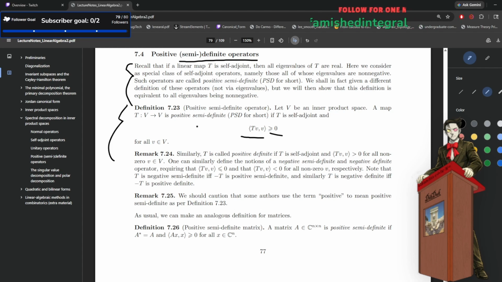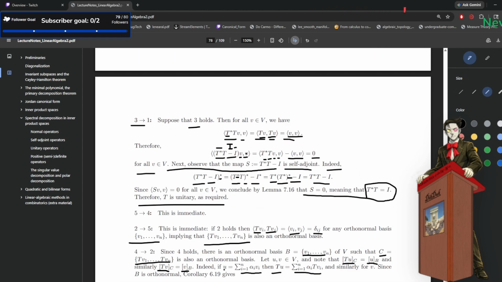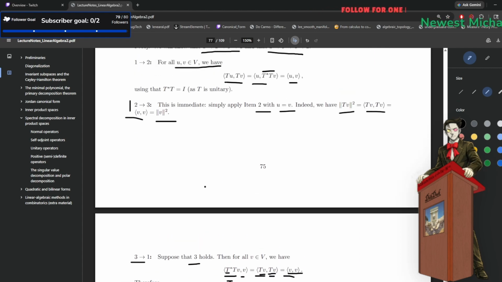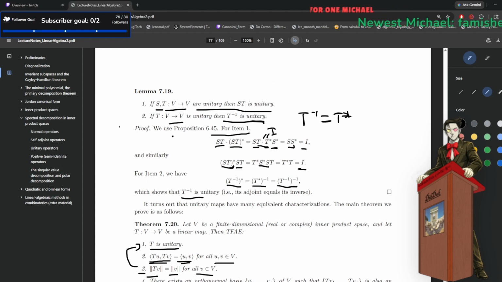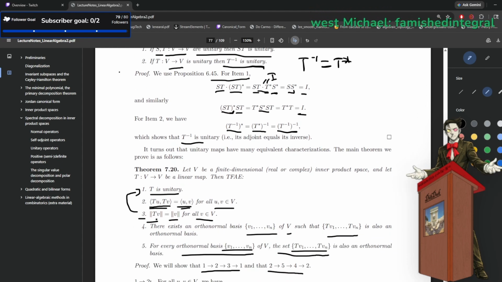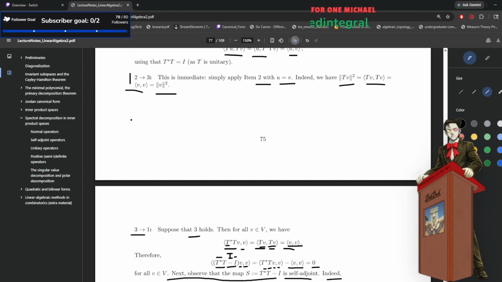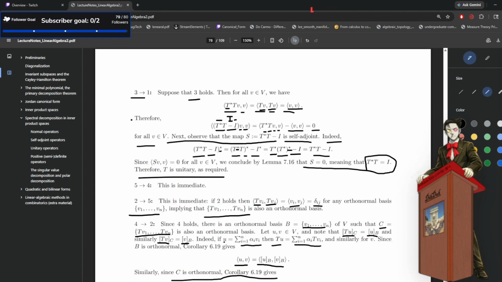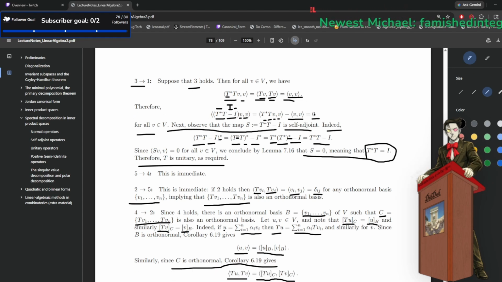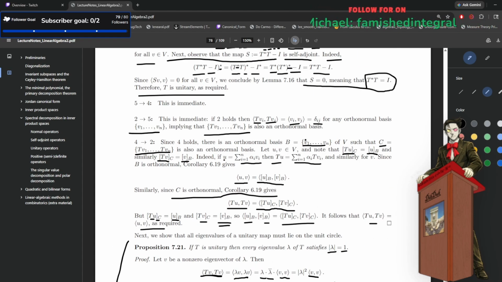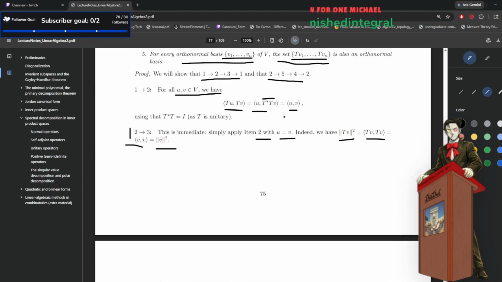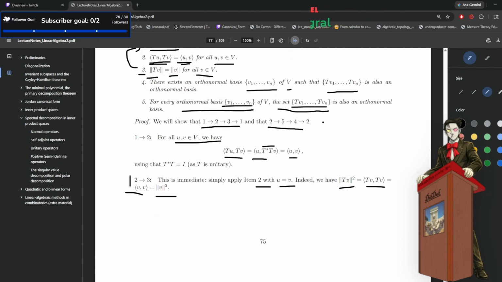If you remember from when we were proving these, we had a statement that T(v) with v equal to 0 for all v. Part of one of the proofs we went over was that if T*T(v) with v is equal to the inner product of Tv with Tv, then, if it's equal to 0, it has to be that T is equal to 0.